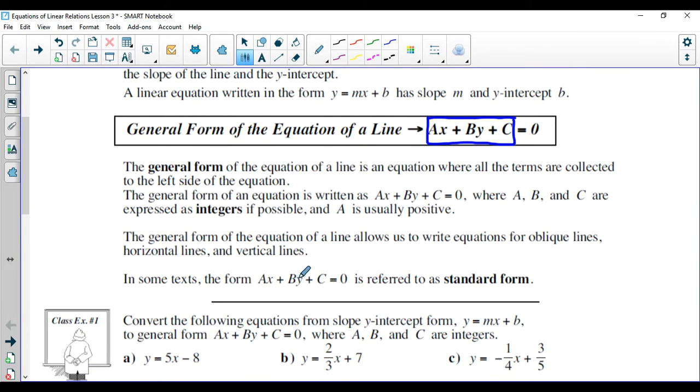Now, a couple of notes about this. When we write down this equation, ax plus by plus c, we want our coefficients to be integers.